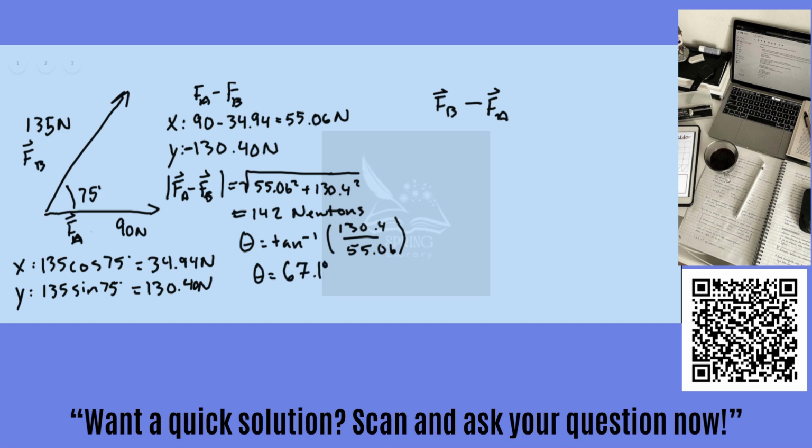All right, so if you're imagining this, I should have drawn a picture first. We got the f sub a and here's f sub b, and so the resultant vector is going to look something like this.